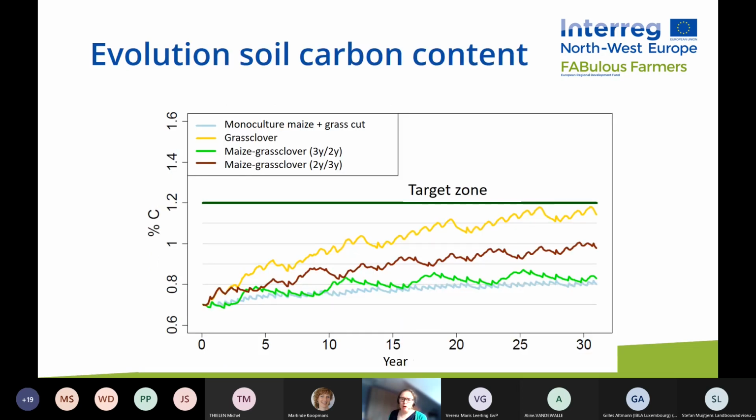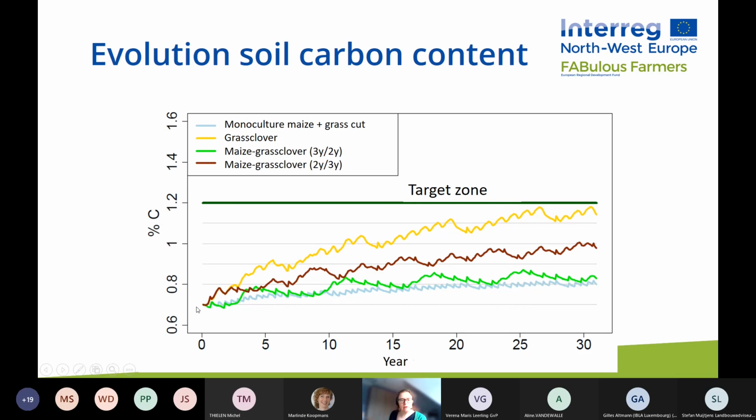Then the graph I wanted to show you is on the evolution of soil carbon content. Gilles already told you about the importance of this carbon content in the soil. And when we have a look at the blue graph, it all starts at the same level of carbon in the soil.